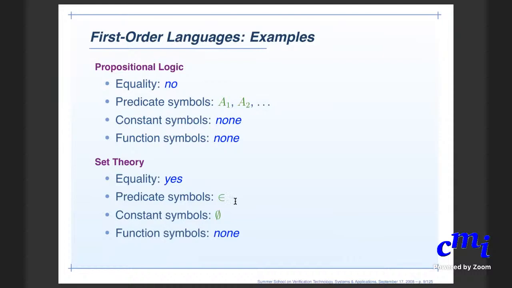Of course, what exactly it means will be determined by the semantics you give to these symbols. Then there is a constant symbol, zero, which denotes a specific element in the domain, presumably the empty set. In this particular case, it does not have any function symbols.